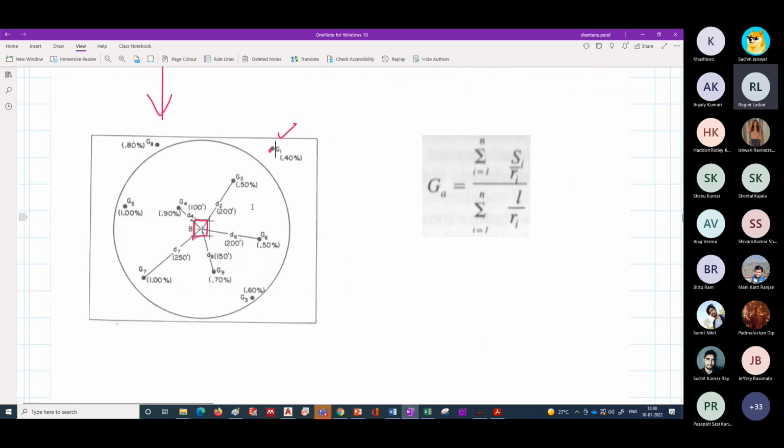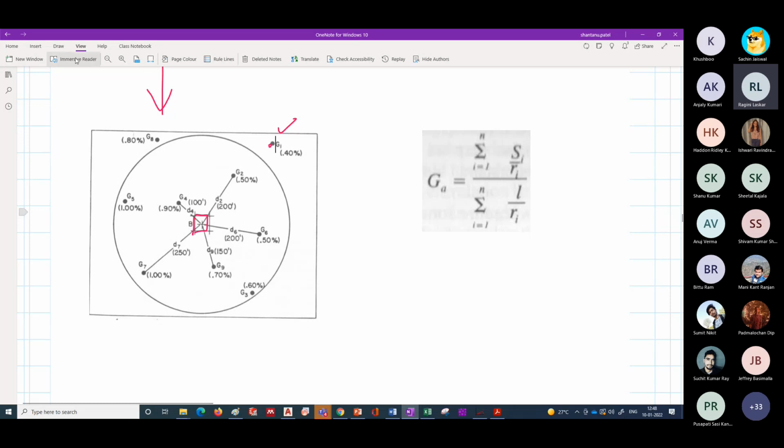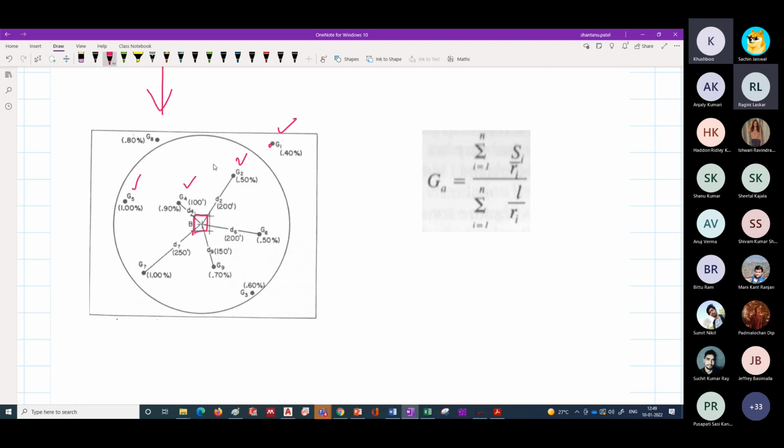Okay. So this is G1, similarly G2, then G3 is somewhere, maybe G3 is here, and G4, G5, something like that.